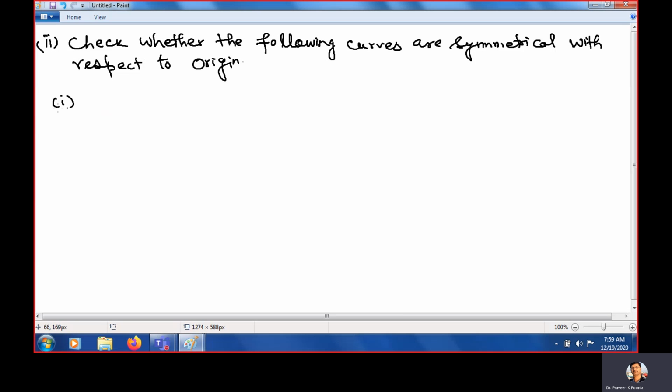So let us take the first curve. It is a circle. So x square plus y square is equal to a square. This is the equation of circle. We will learn in the coming lectures.